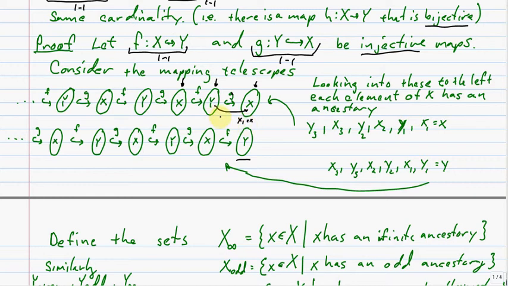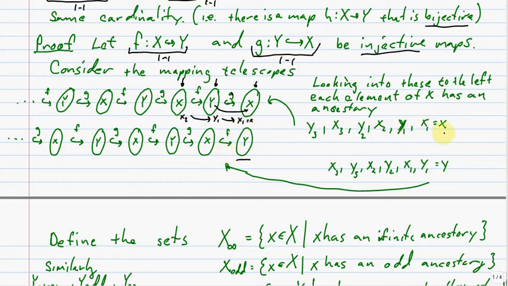If it's in the image of G, then there's some y1 in Y that maps to x1. And if y1 is in the image of F, then there's some x2 in X that maps to y1. So in other words, f of x2 is y1, and g of y1 is x1.